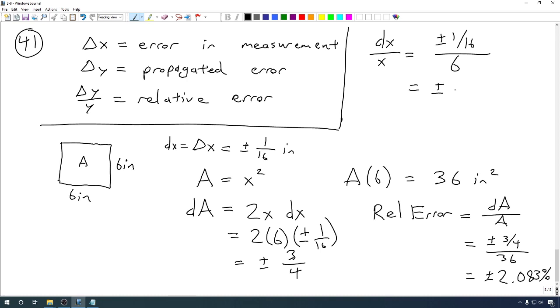And we got plus or minus 1 over 96. Or if we turn that into a decimal, this is plus or minus 1.042%. It's really 0.01042 if we just take 1 over 96. So we had a relative error in our measurement of approximately 1%. And that turned into a relative error in our area of approximately 2%.